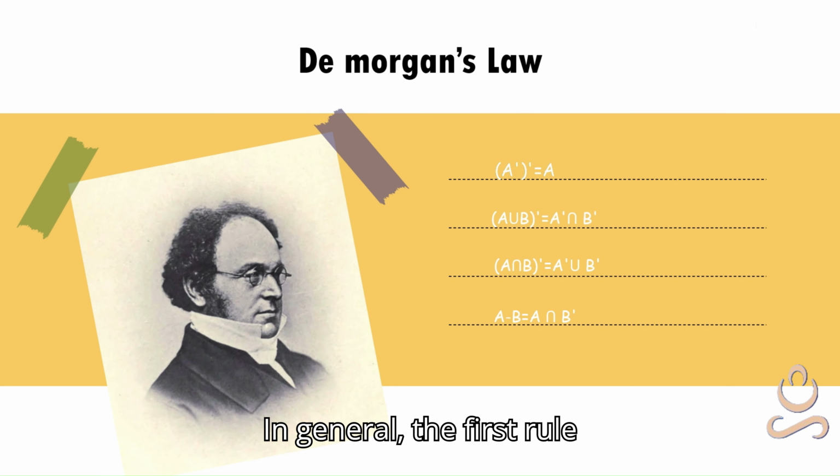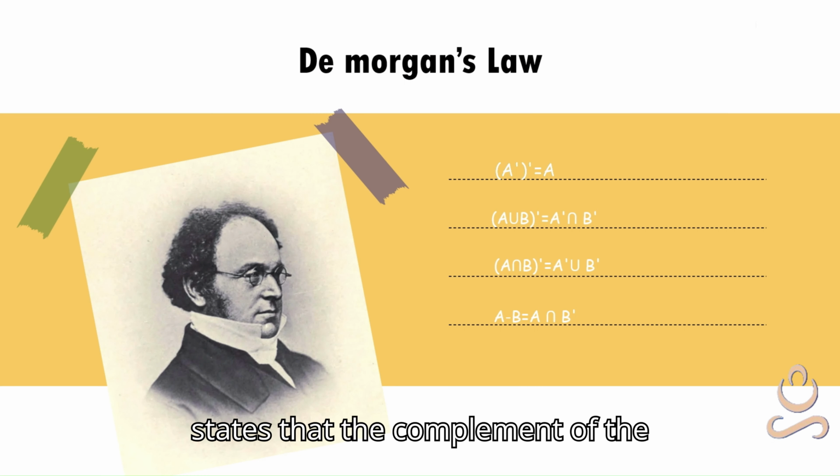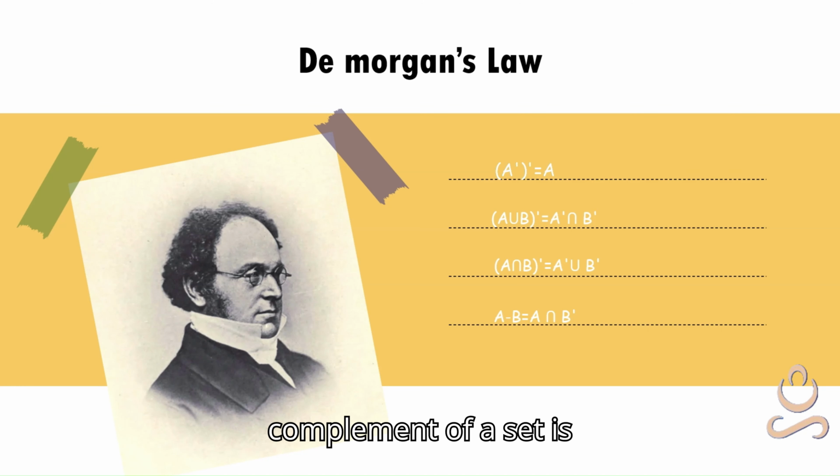In general, the first rule states that the complement of the complement of a set is equal to the set itself.